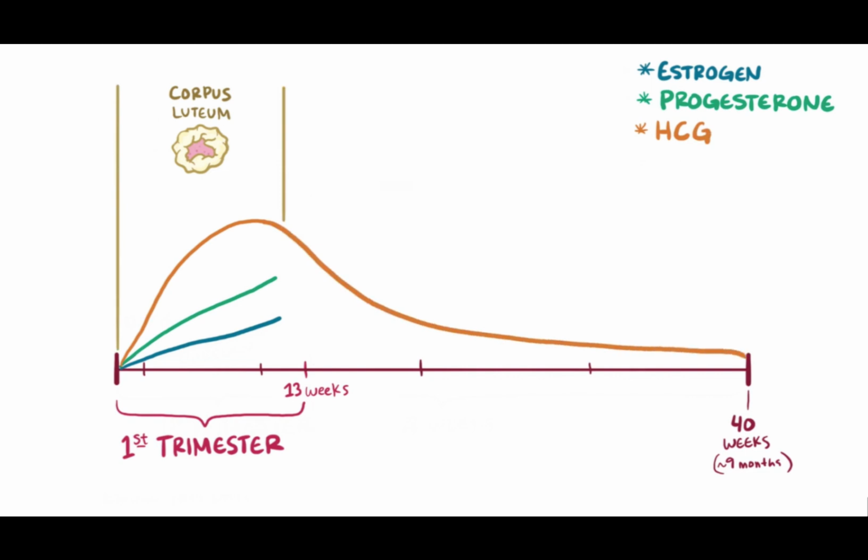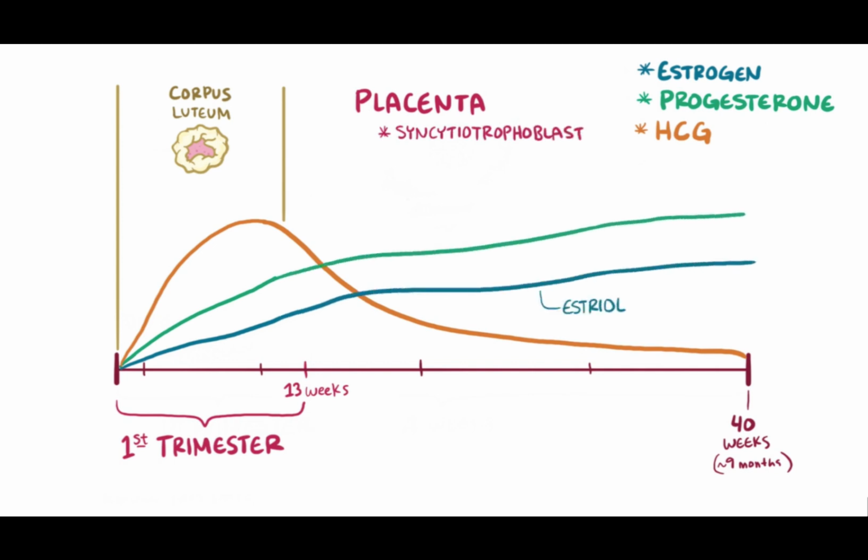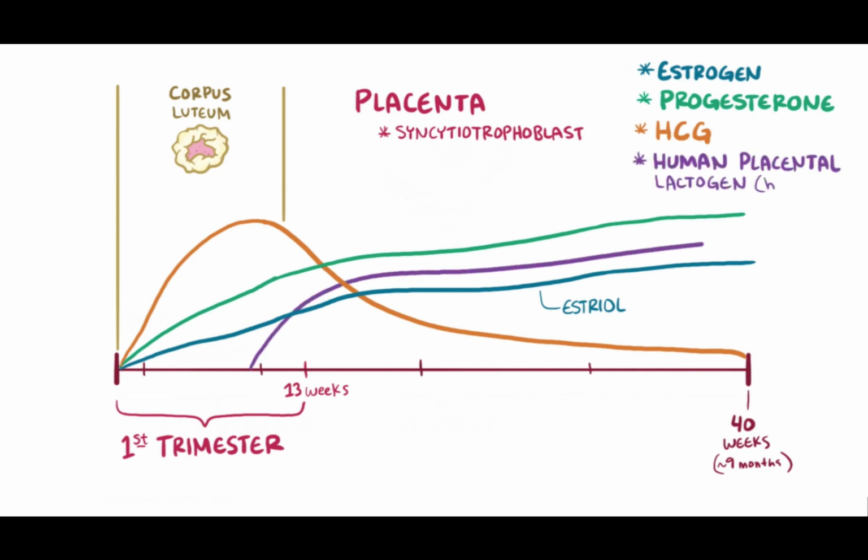Luckily, just as the corpus luteum is shriveling up, the placenta takes over, and specialized trophoblast cells, called syncytial trophoblast cells, make progesterone and estriol, which is the most abundant type of estrogen. The placenta also makes a bit of HCG, as well as another hormone called human placental lactogen, or HPL, which counters the effect of maternal insulin to help ensure that there's plenty of glucose available in the blood for the fetus.